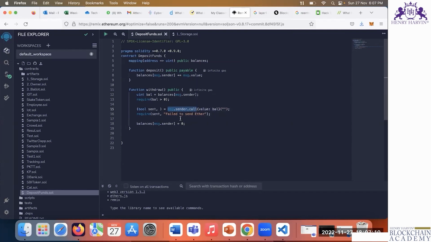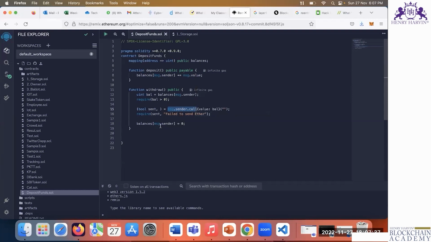This much of balance we are transferring to that person. If you have invested some amount in this smart contract, you can call this withdraw function, and whatever amount you invested should be returned back. So this code is used to return the balance to your account.